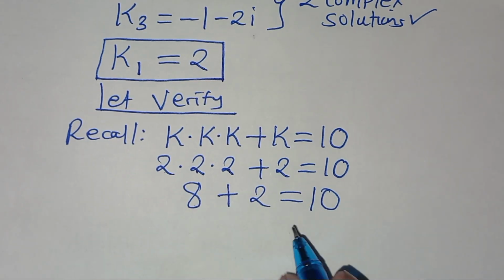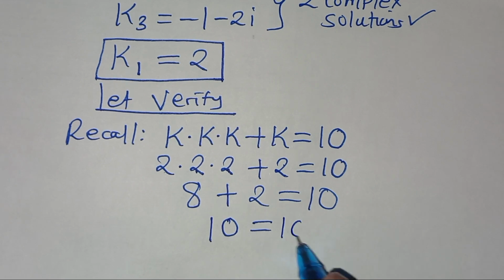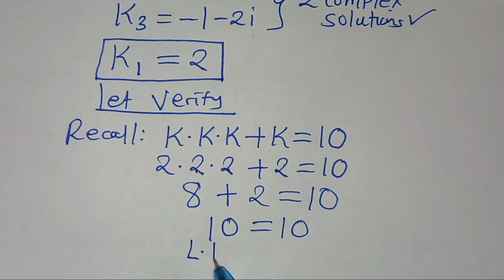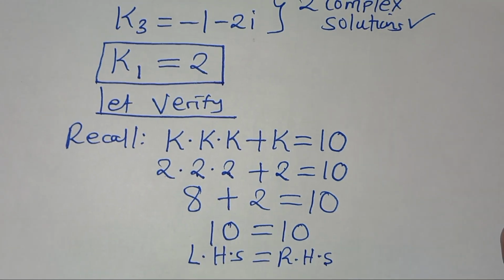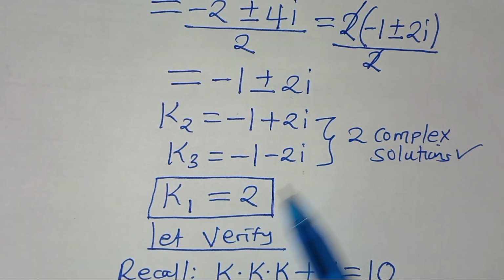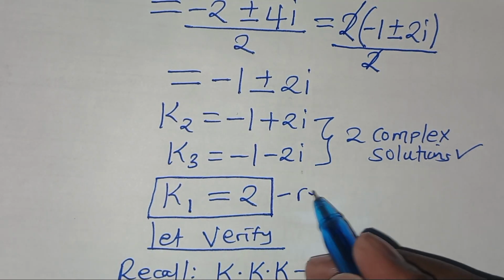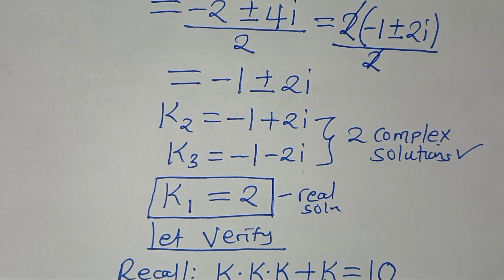So 8 plus 2 is equal to 10, and this implies that the left hand side is equal to the right hand side. And that implies that we have 3 solutions here: one real solution and 2 complex solutions.